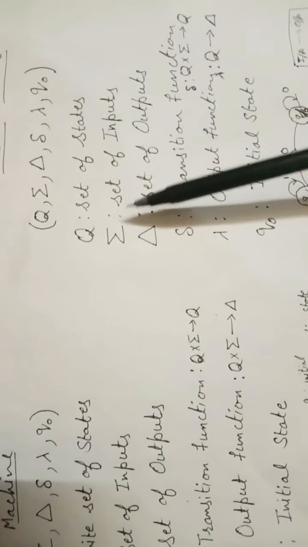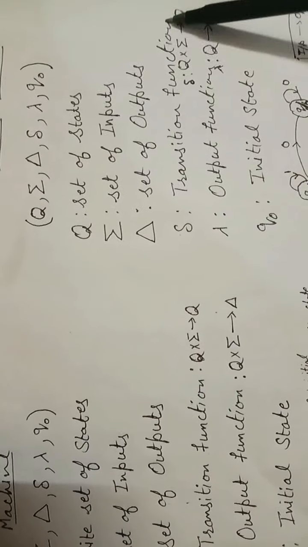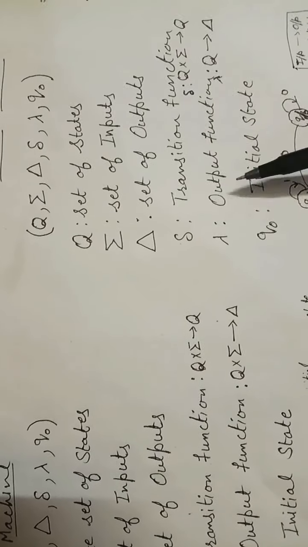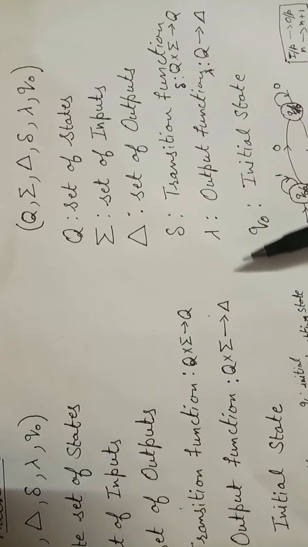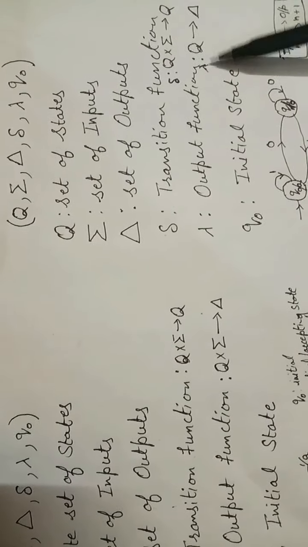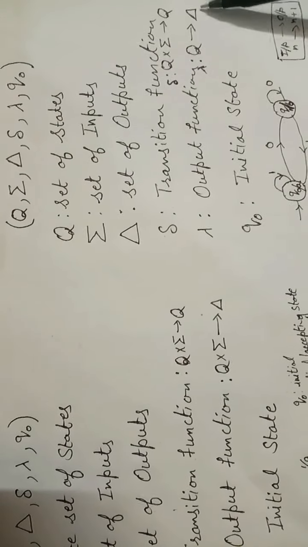And now Moore machine, again it is 6 tuples. Same: Q is the set of states, sigma is the set of inputs, delta is the set of outputs, and the transition function is as usual, as in Mealy machine. Now this output function for Moore machine is different from the output function of Mealy machine. Here the output function lambda is from Q to delta, the set of outputs.